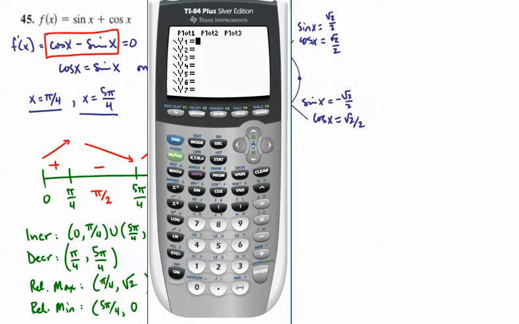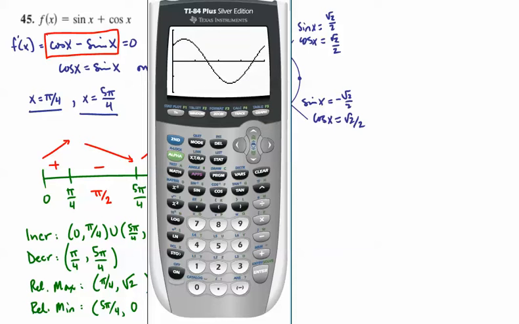So we're going to put in the original function, that is sine of x plus cosine of x, and our window is still from 0 to 2 pi. I don't think we need to go up negative 5 to 5. I think negative 2 to positive 2 is more than sufficient. And let's take a look at what we have.